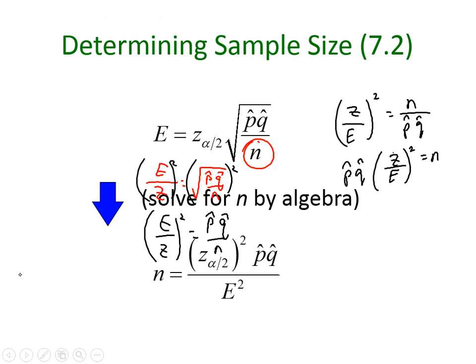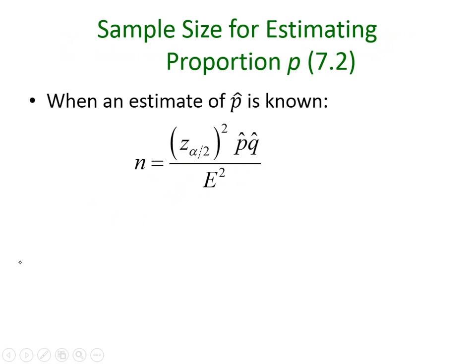So what all I did differently is they squared both of these separately, and so you have p hat q hat times z squared over e squared. So, needless to say, not a thing I'm going to make you do every single time, rearranging these equations and solving for it. But that's all it's doing. It's the exact same formula, just rearranging that formula and solving for n instead.